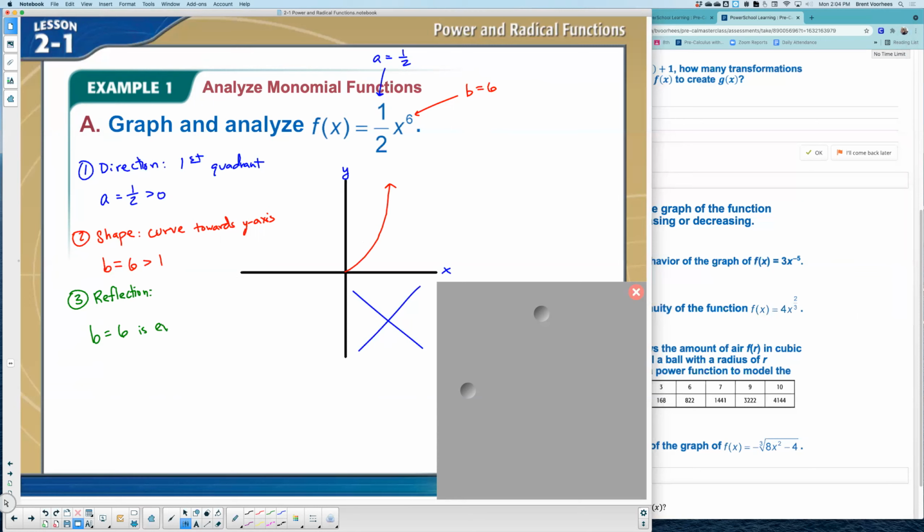Remember from chapter 1, we talked about this, but it keeps coming out, so I didn't list it as one of those 4 things. If it's even, does it reflect across the y-axis or does it reflect diagonally across the origin? Across the y. So now draw the left side, making ourselves have some type of parabola here. And there's your graph.